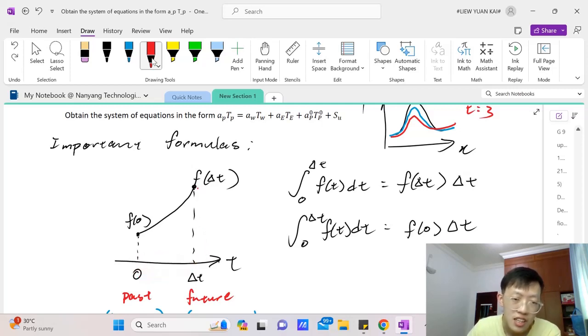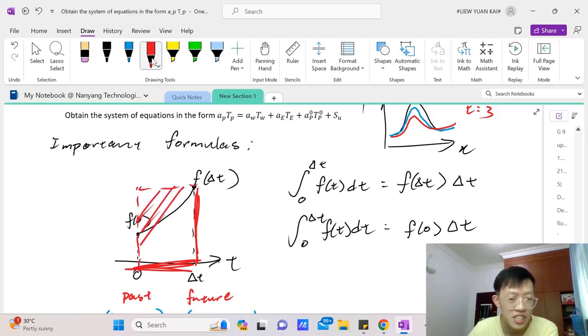So if you take this height times this segment, wouldn't that be the area of this rectangle? I'm sure you will agree, right? It will be the area of this rectangle. And that is one way to approximate it. But you notice there's some excess area which you didn't account for. So keep in mind that this is an approximation.